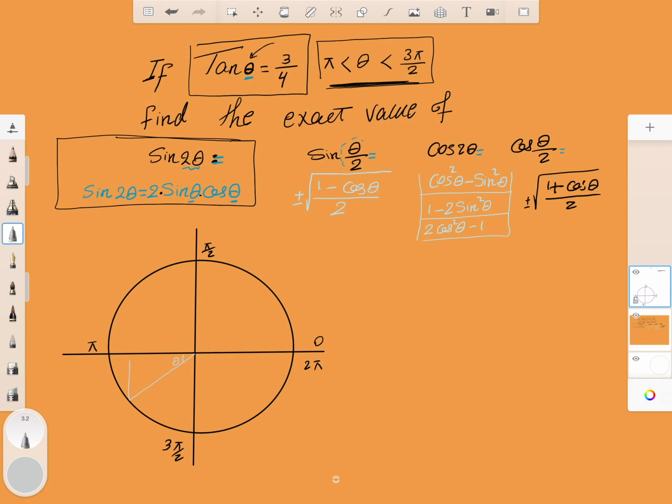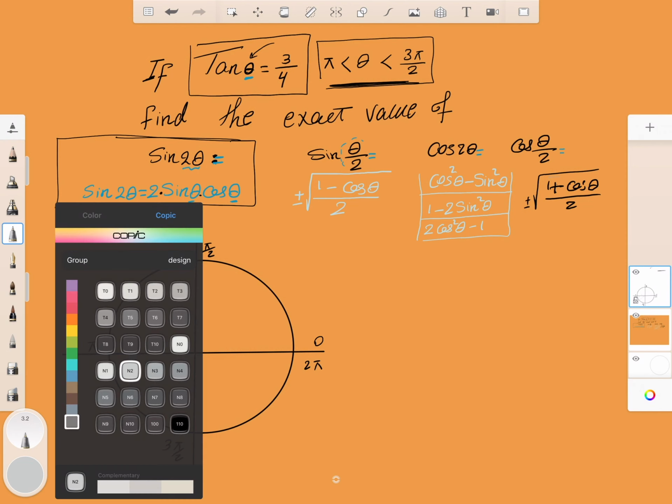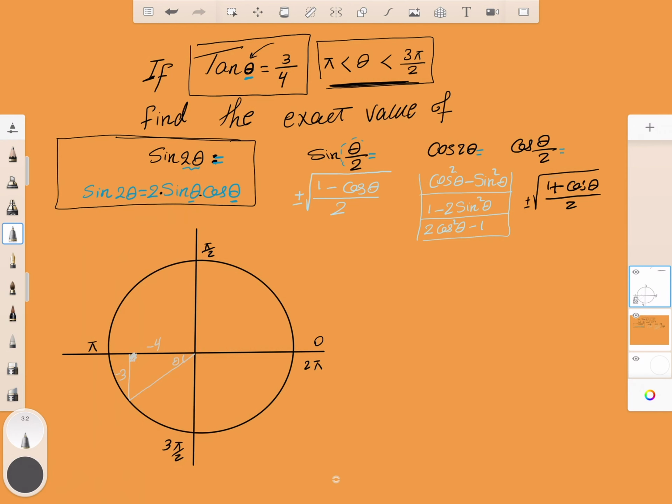We make a right triangle. Tangent of theta is y over x. In this quadrant, both of them are negative, but tangent will be positive. -3/-4 is positive 3/4. We use the Pythagorean theorem to solve for the hypotenuse, which will be 5.